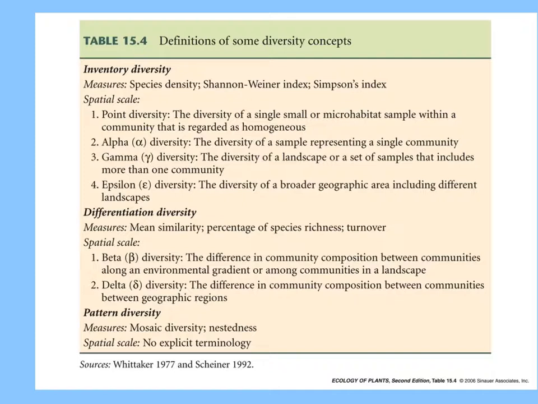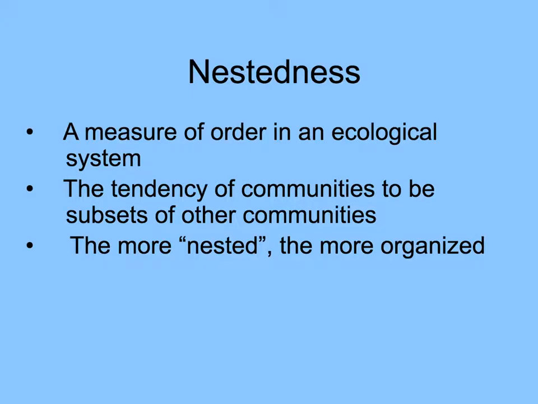But in plant ecology, people sometimes also look at epsilon diversity, including different landscapes over a broader geographic area, and delta diversity, which compares different geographic regions, looking at the difference in species. Usually that's very great. Also in recent years, people have compared communities looking at associations among species.